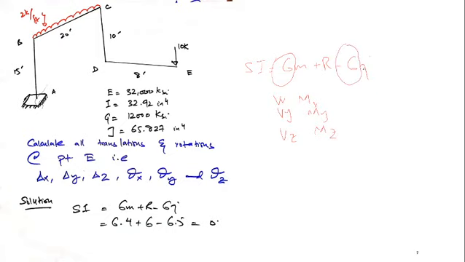Similarly, we have 6 equations per joint: sigma Fx, sigma Fy, sigma Fz, because it's a space frame, and then sigma Mx, sigma My, and sigma Mz, all equal to 0.